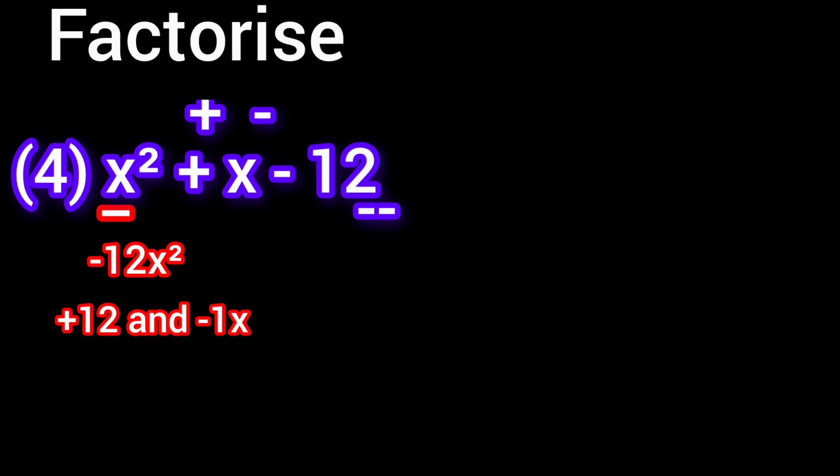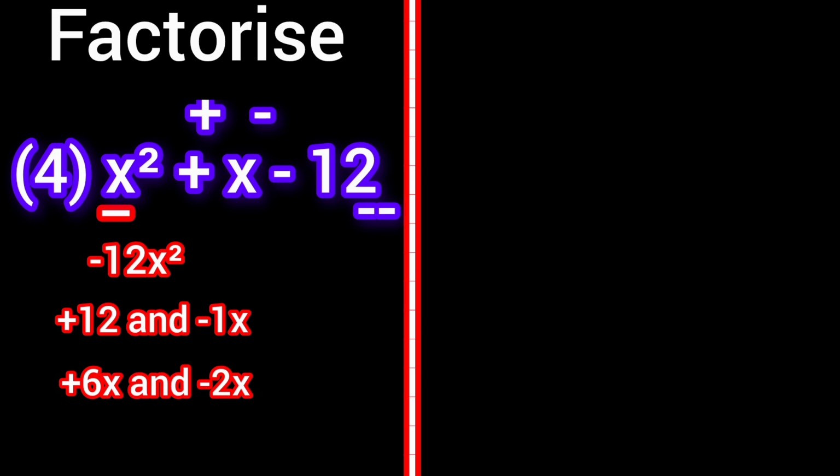So plus 12 and minus 1 is not the factor to use. Let's move to the next numbers, which are 6 and minus 2. 6x times minus 2x will give us minus 12x squared. But when we subtract 6 minus 2, we are going to have plus 4x. Then 6x and minus 2x is not the option.